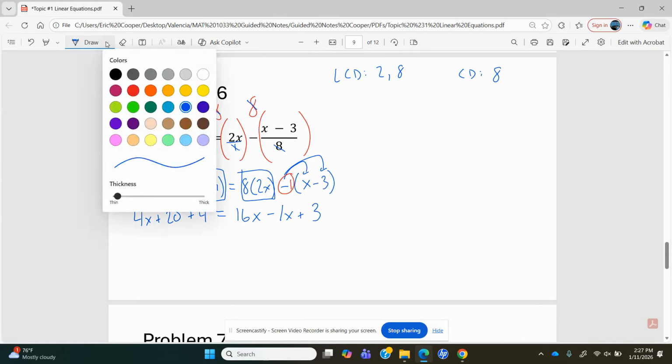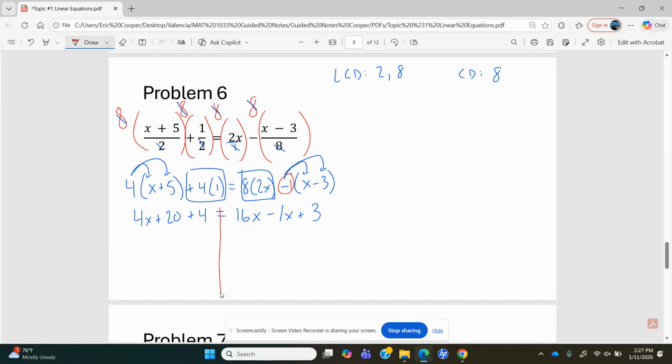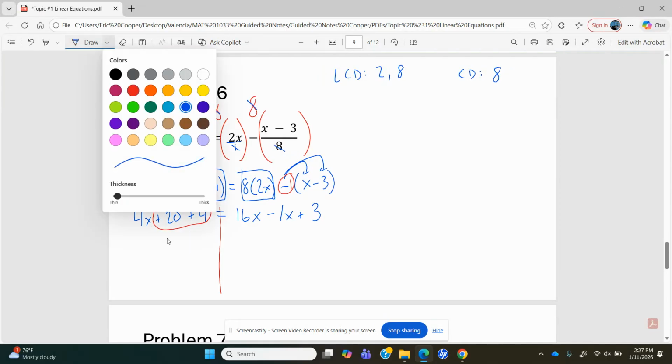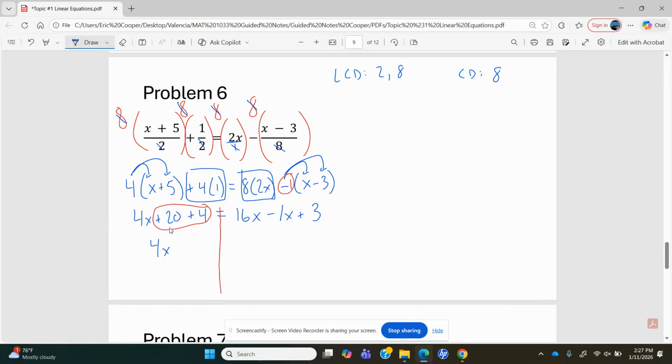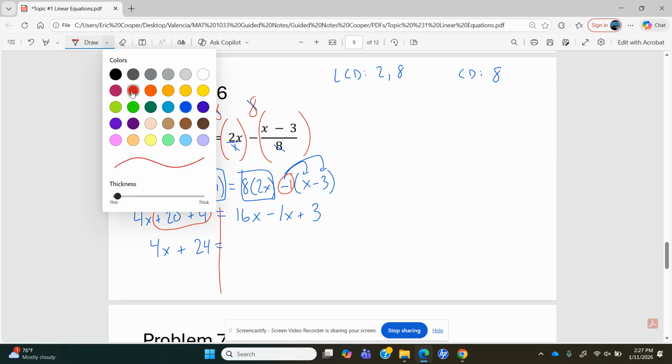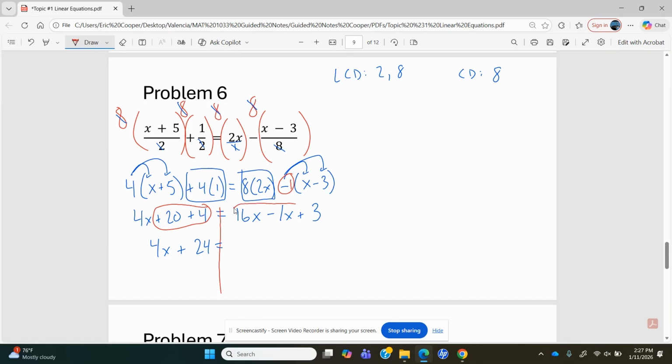Now our goal is to see if we can combine like terms. So let's look at each side and see if we have any like terms. On the left side, nothing combines with the 4x, but the 20 and the 4 can combine. The 4x will come down, and 20 plus 4 will give me 24. On the right side, we can look again and see that these two values both have x's, so they can combine.